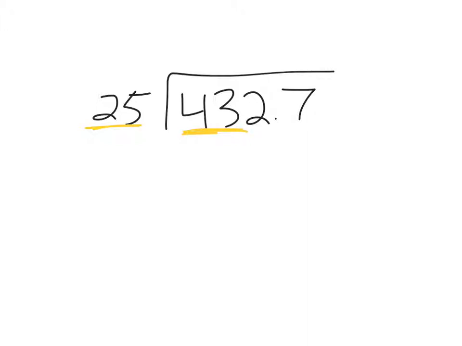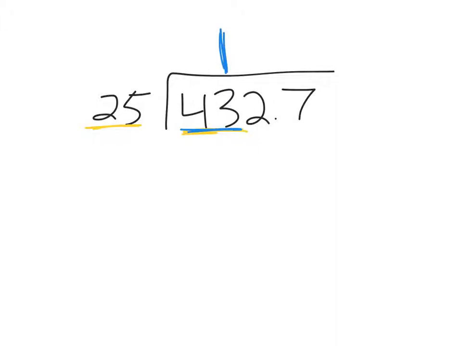Like for instance, I know that 25 will only go into 43 one time because 1 times 25 is 25. It won't go in 2 times because 2 times 25 is 50, and 50 is bigger than this number, so that won't work. So we say that 25 will go into 43 one time.